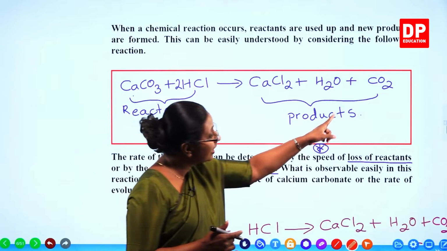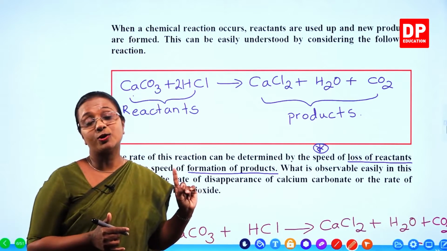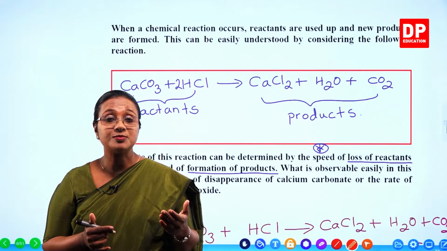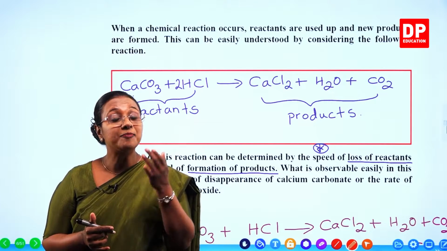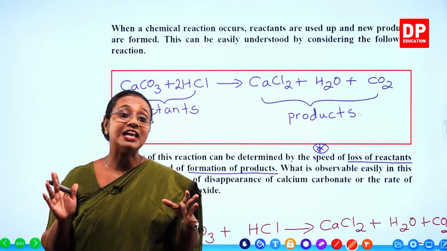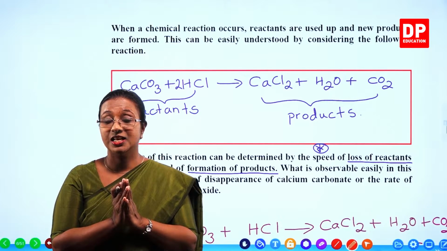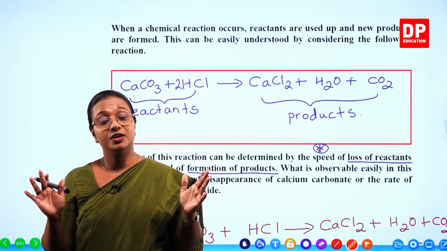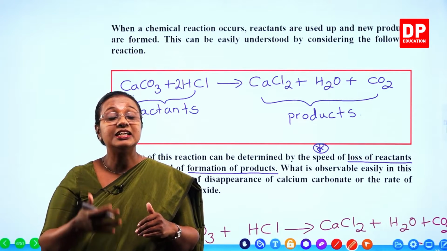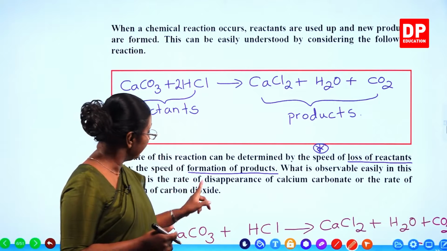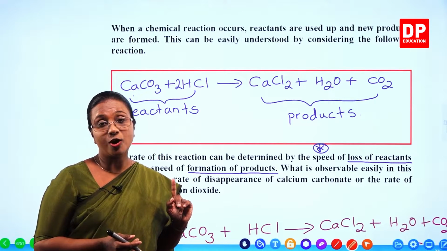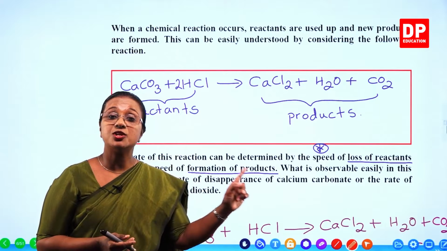But we can collect the carbon dioxide gas. We have done that before, by downward displacement of water or upward displacement of air. Either way, we can collect carbon dioxide gas, so it is easy to observe. You can observe the volume of carbon dioxide collected in a unit time. So, we can calculate the speed of formation of carbon dioxide, the speed of formation of products.